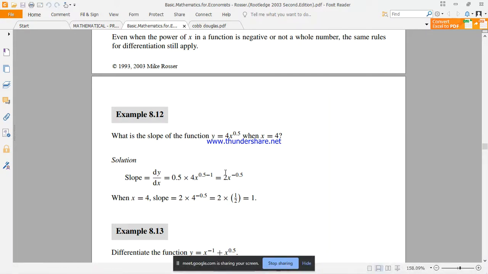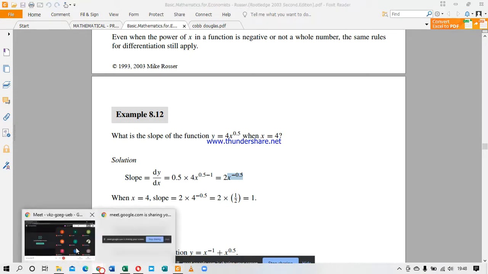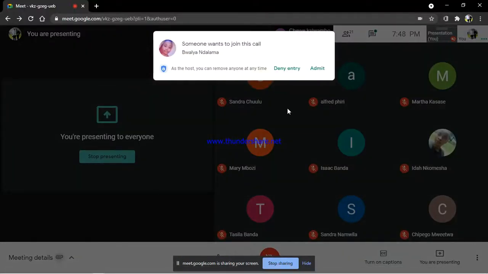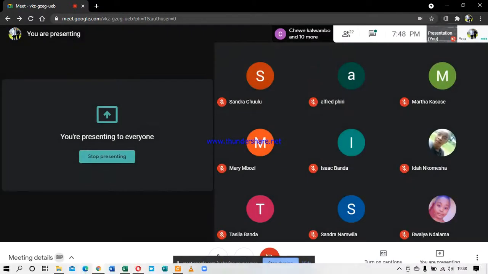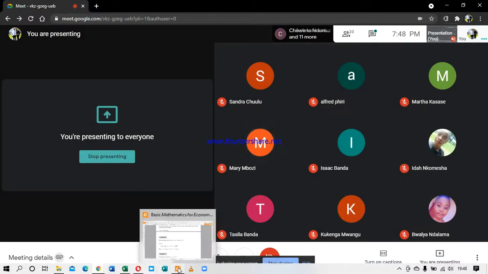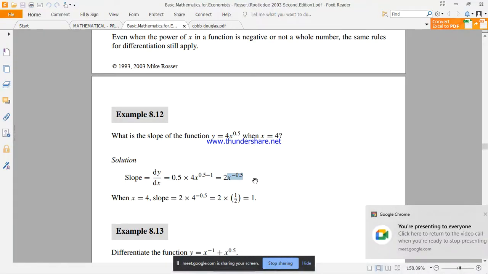Okay, let me continue. So what I was saying is x raised to the power negative 0.5 is the same thing as 1 over x raised to the power 0.5. So anything raised to the power negative is the inverse of that raised to that particular power.